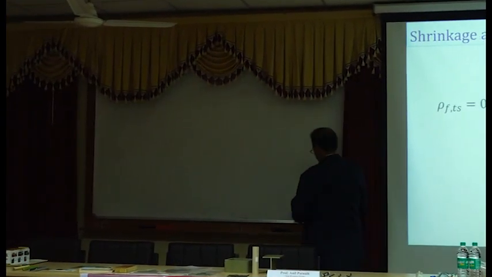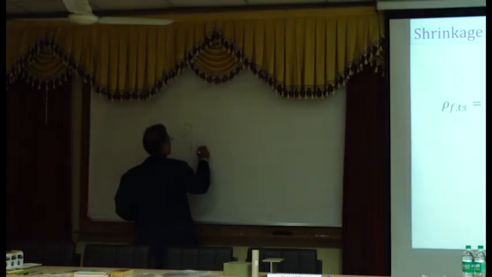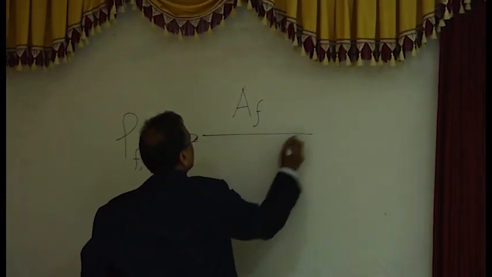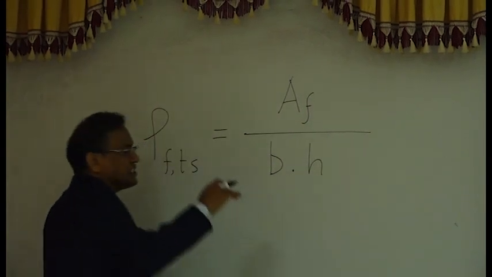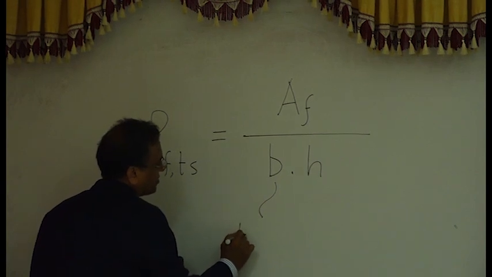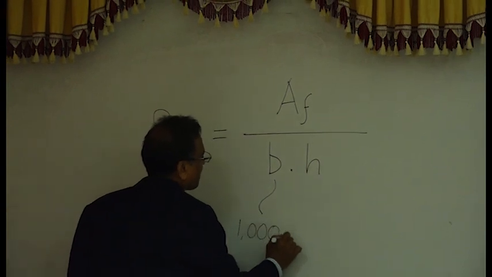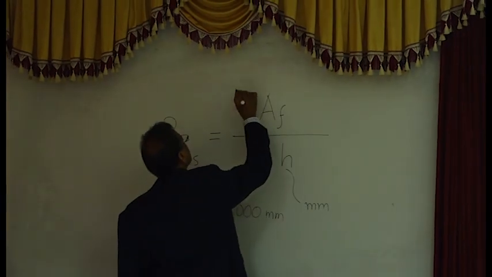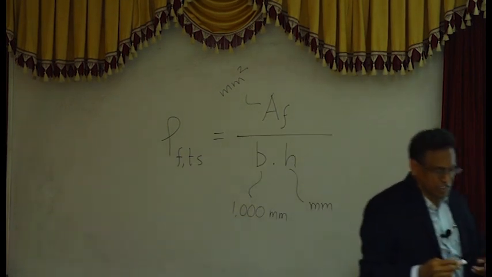So rho_fts. Here h is the overall height and b is the width, normally maybe 1 meter or 1000 millimeters. The area is in square millimeters, so that is a dimensionless quantity.